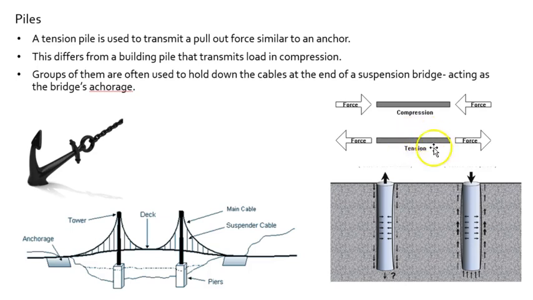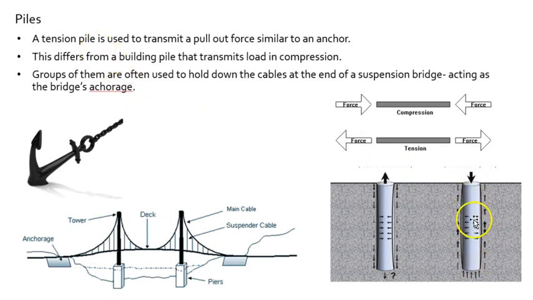A rope or a cable only carries load in tension. Columns carry load in compression. The earth pushes down on the column, and the column pushes back up. If we're having a tug of war, team 1 pulls in this direction, team 2 pulls in this direction, and the rope is in tension. So a tension pile is different from a compressive pile.